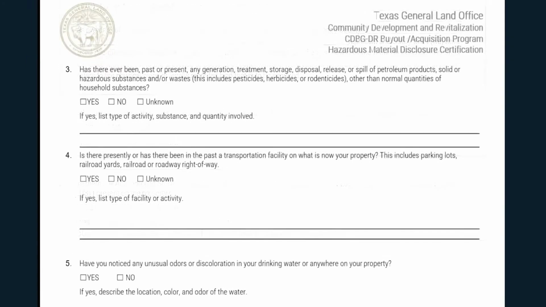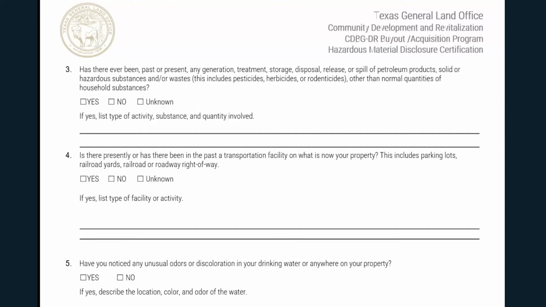Number 3 asks, has there ever been, past or present, any generation, treatment, storage, disposal, release, or spill of petroleum products, solid or hazardous substances, and/or wastes? These include pesticides, herbicides, or rodenticides, other than normal quantities of household substances.